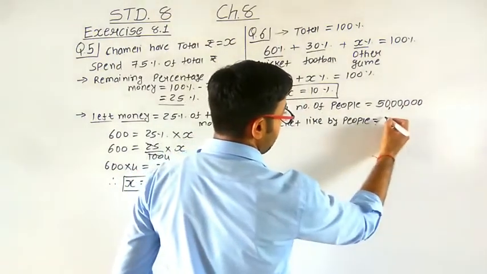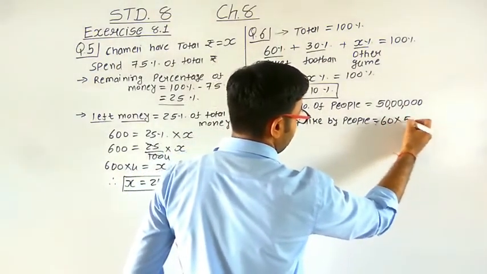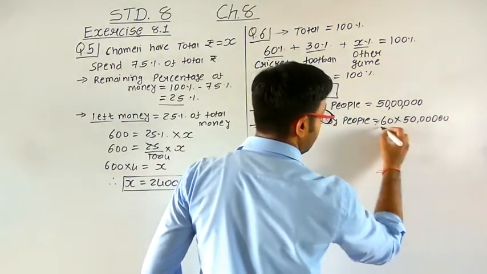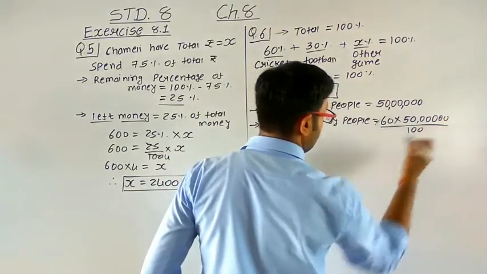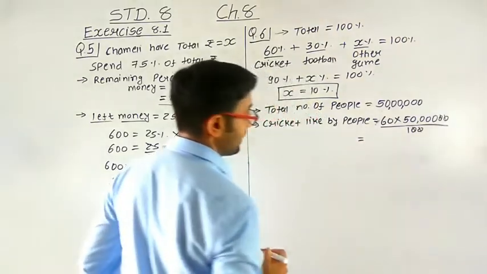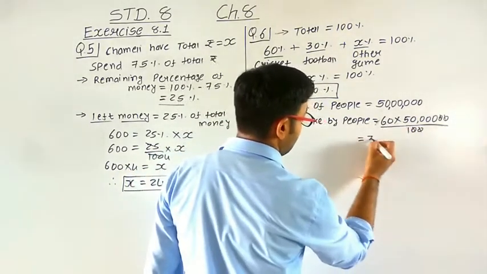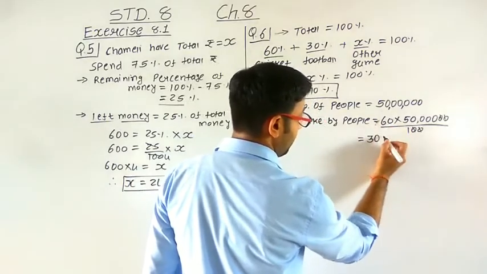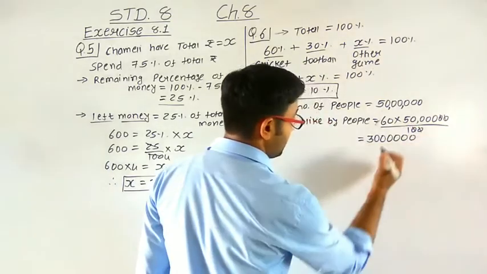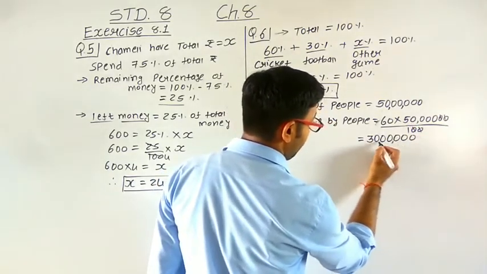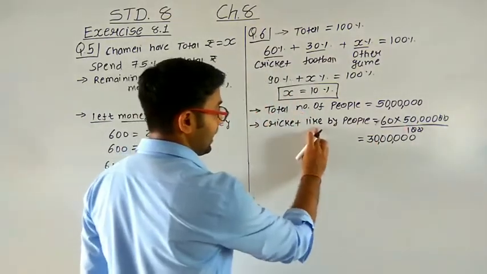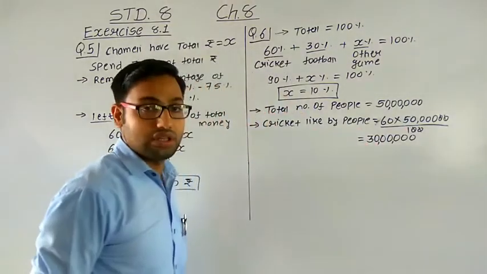That means we multiply 60 with 50 lakh and divide by 100. Two zeros cancel here. 6 fives are 30. How many zeros are there? 1, 2, 3, 4, 5. So out of 50 lakh, 30 lakh people like cricket. Cricket is liked by 30 lakh people.